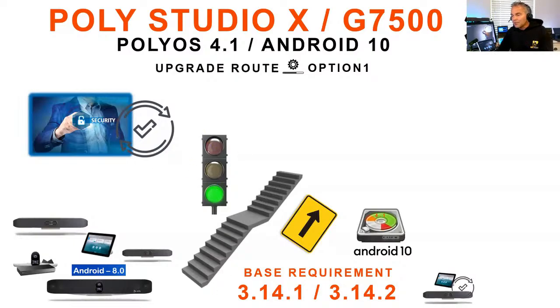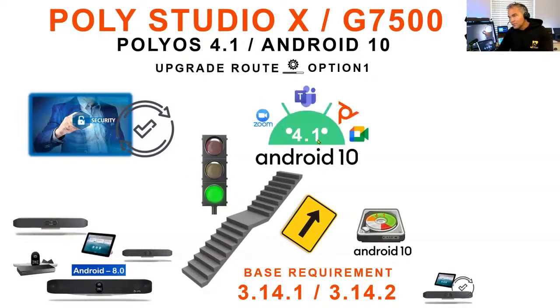You can go from 3.14.1 or 3.14.2 up to version 4.1, and you don't have to go to 4.0 or 4.0.1 first. No, you can go from the base version 3.14.1 or 3.14.2 directly up to 4.1.